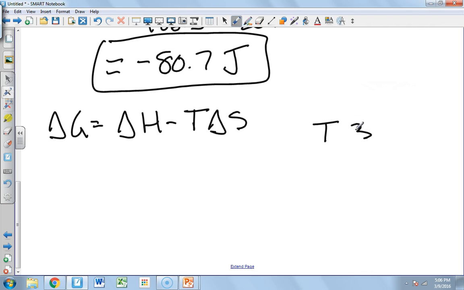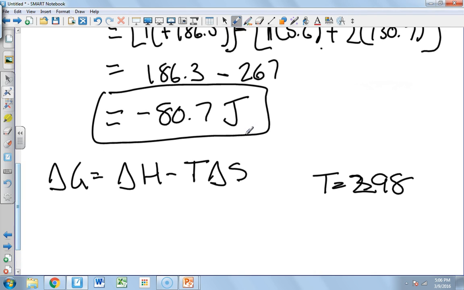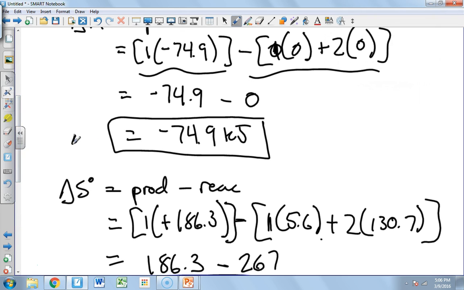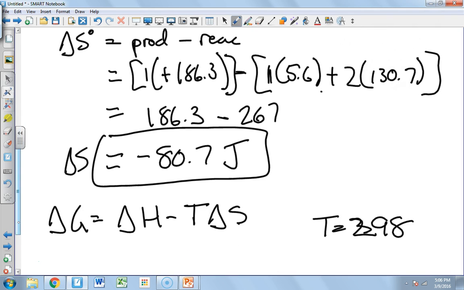The second and trickier thing, though it's not tricky after I point it out, is that you have to make sure the units of the delta S and the delta H are the same. Notice that this is in kilojoules and this is in joules.